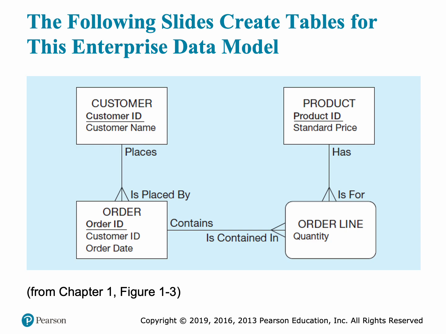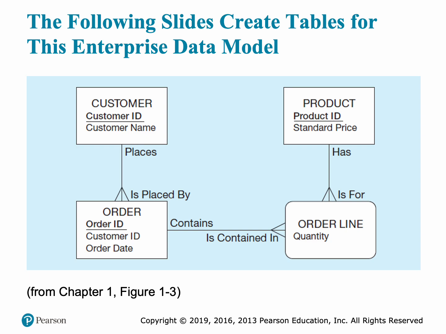So, the ER diagram from chapter 1: each of these entities, including the associative entity, is implemented as a table in the database. Customer has customer ID and customer name. Customer places an order, so order has order ID, customer ID that comes from the customer table, and order date. So the order has been placed by a customer.